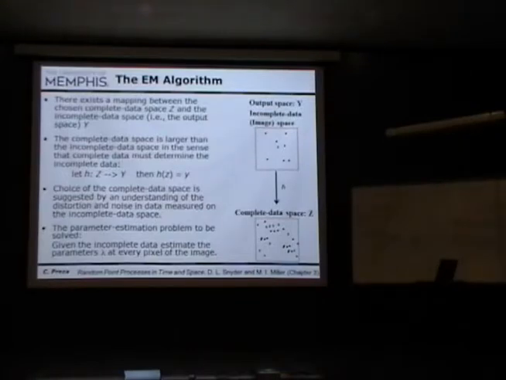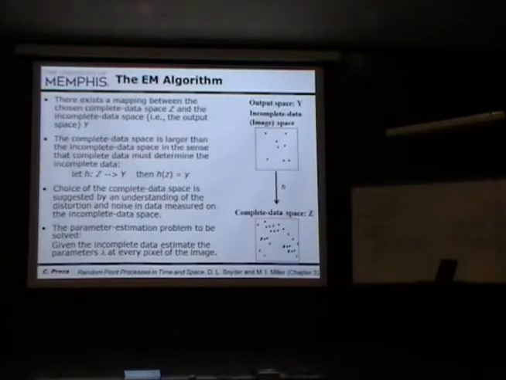Again, the complete data space is one that captures the incomplete data space, so it's more. There's a mapping between those two, and you know what that mapping is because you choose the space, so you can use your data to solve the problem.